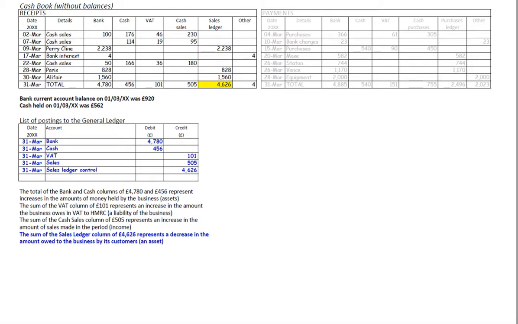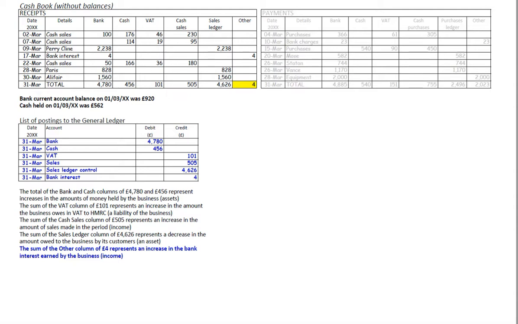So if we look down that other column, the only entry is one for bank interest. So here, rather than sending that £4 to another account in our general ledger, I'm going to post it straight to a bank interest account, because that's a better description of it. It's going to be £4 credit because it represents income of the business.